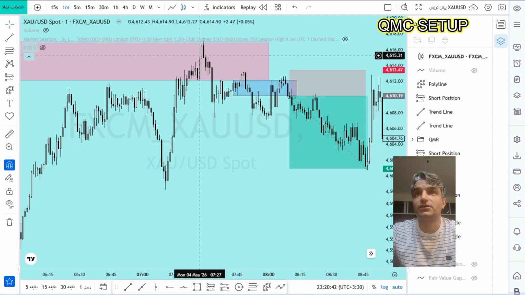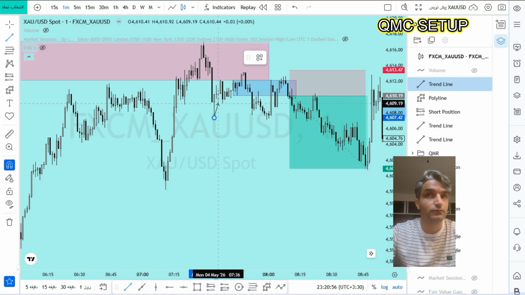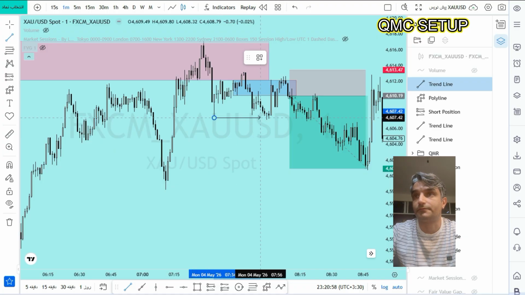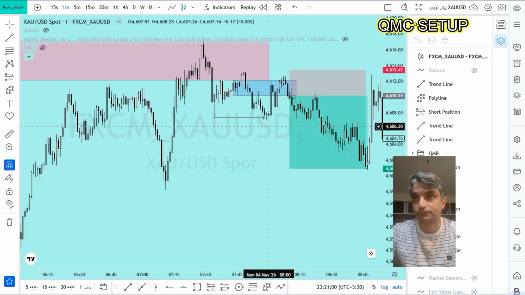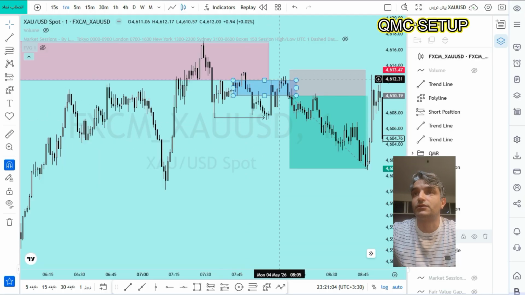Okay, this is our first example. As you see, price touches the area and has a change of character, then comes down, breaks it for the second time with the shadow, and came back.